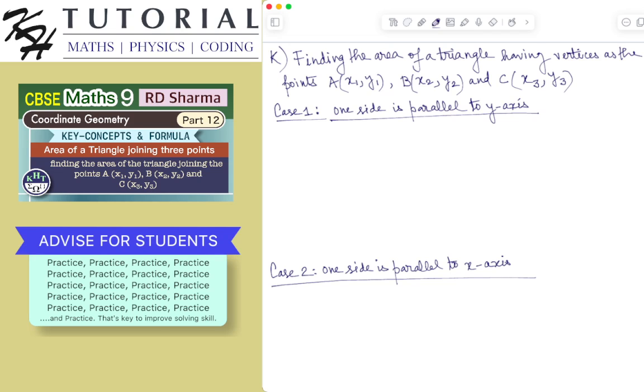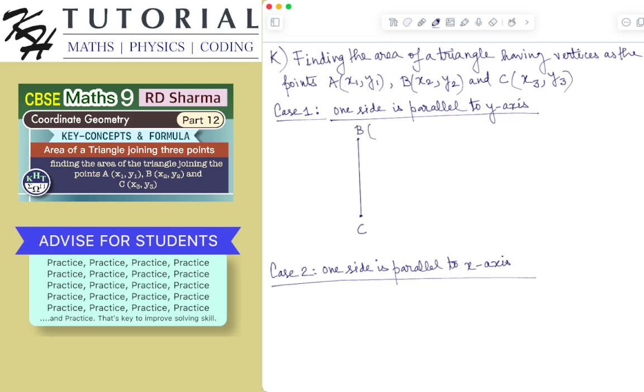Now that side could be along the positive direction of the x or along the negative direction of the x. It does not matter. So let's say this is the side which is parallel to the y-axis, and let's say this is the vertex B and this is the vertex C.